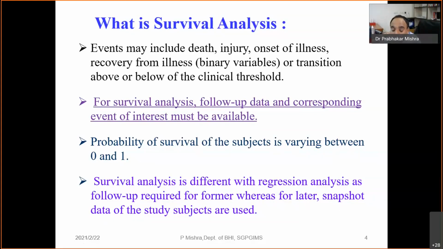We decide first by looking at the follow-up. If patient follow-up is not available, we immediately focus on regression analysis methods. Then we start to think about which regression method will be used to analyze this data, parametric or non-parametric.